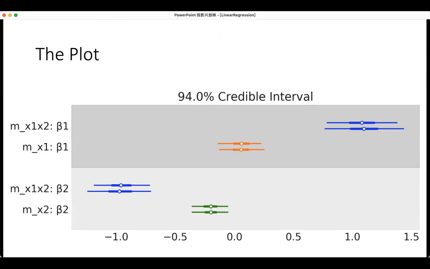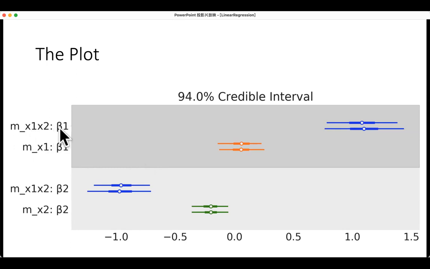Anyway, first I want to point out that this figure has some errors. Here on the left hand side, for beta 1, the top and the bottom should be switched.